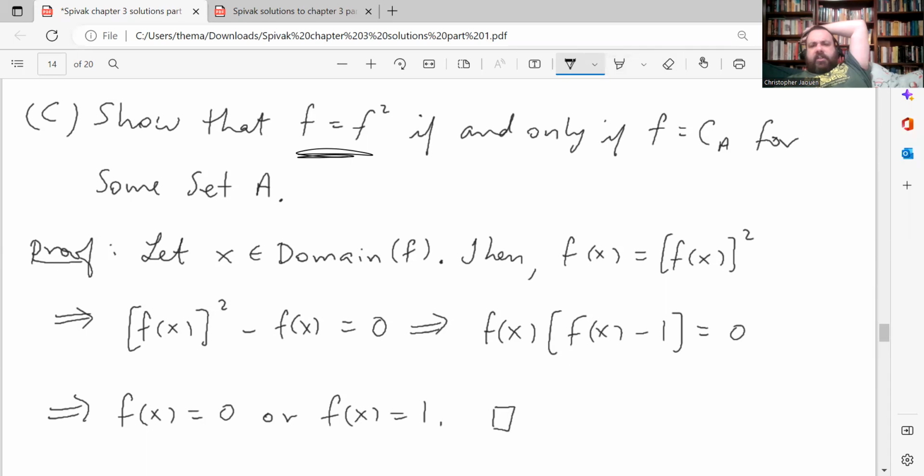And then it looks like I forgot to do the reverse direction here. The reverse direction would be: let f be the indicator for some set A, and we want to show that f equals f squared. That part is relatively straightforward because f can either be 1 or 0, and the square of both of those numbers is itself. So maybe it's all right if I skip that direction.